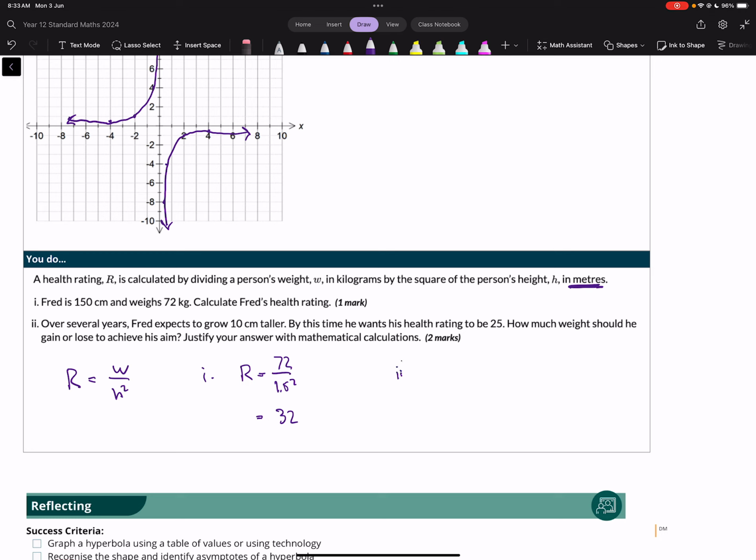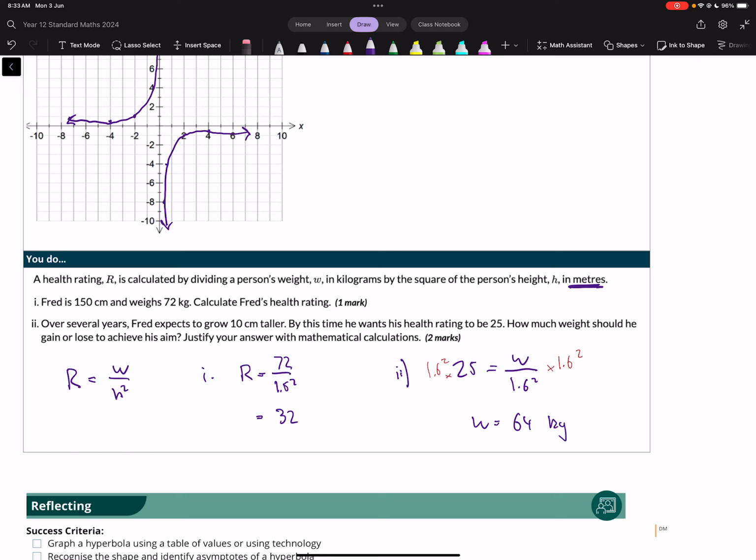So he wants his health rating to be 25, and he wants to be 10 centimeters taller. What does his weight need to be? This is just an equation that we know how to solve. We can times by 1.6 squared, times by 1.6 squared, and we'll get Fred's ideal weight in this scenario. 64 kilograms.